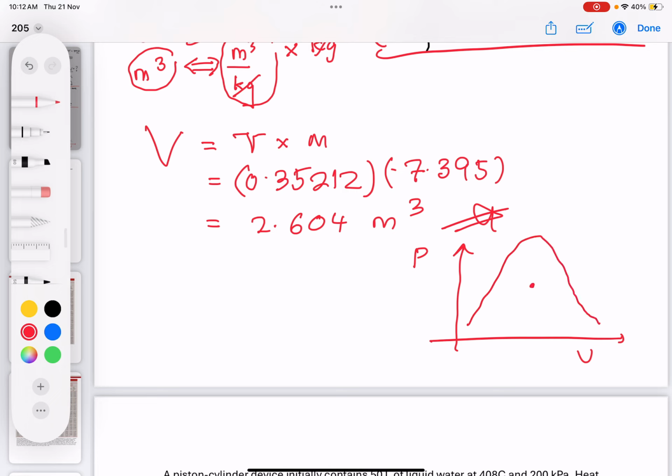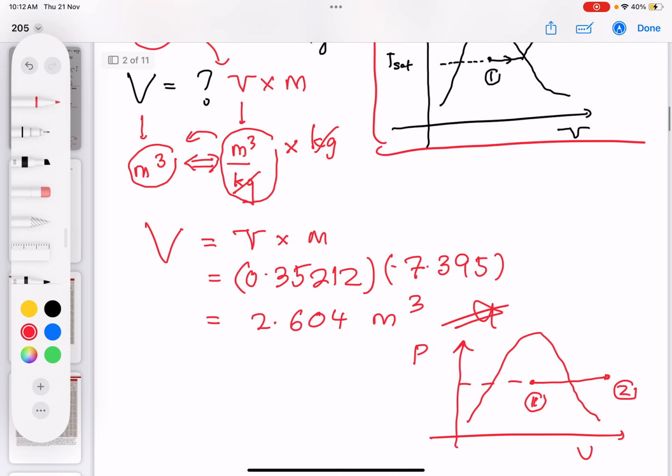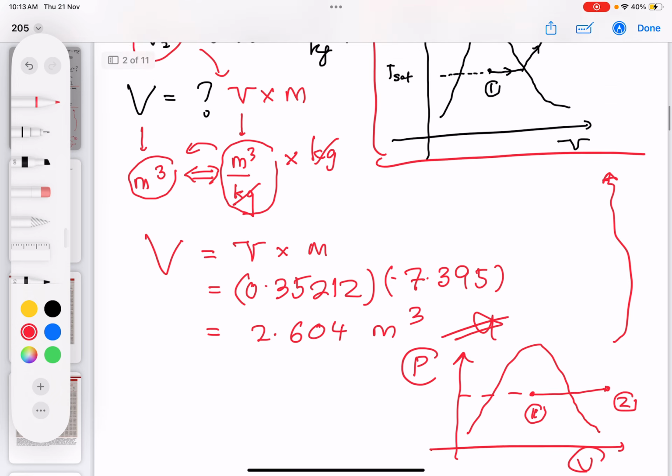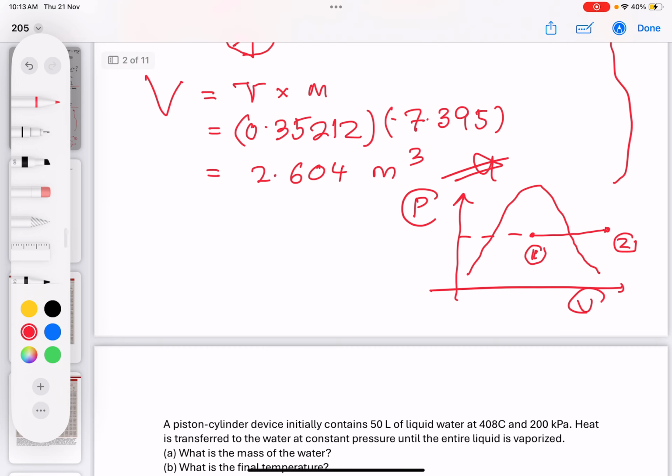So this is going to be my state 1, and then here is going to be my state 2. Why? Because the pressure is constant from state 1 to state 2. So the diagram is not going to look as nice as the TV diagram, but still we can plot whatever is given, either PV or TV diagram, as long as you understand that this process is constant pressure, therefore state 1 and state 2 should be a straight line.